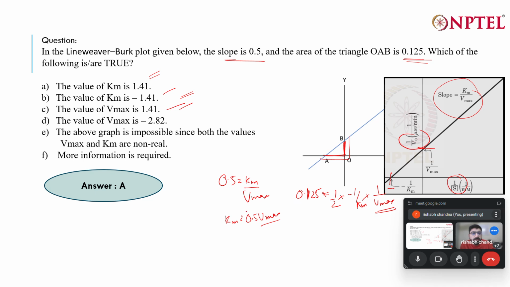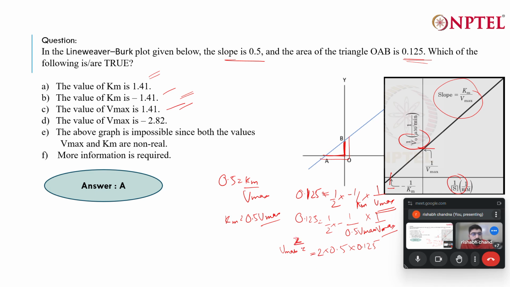If we put this here, it would be 1 upon 2 into 1 upon 0.5 Vmax into 1 by Vmax. So the Vmax that is coming here is 2 into 0.5 into 0.125, and this is Vmax square.